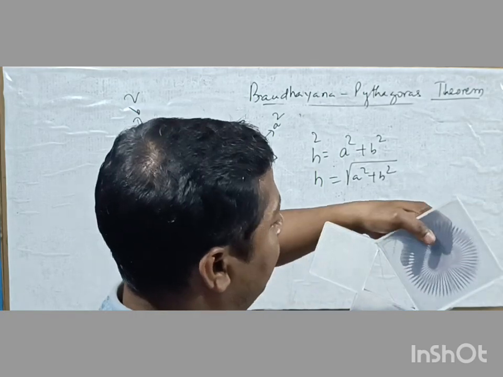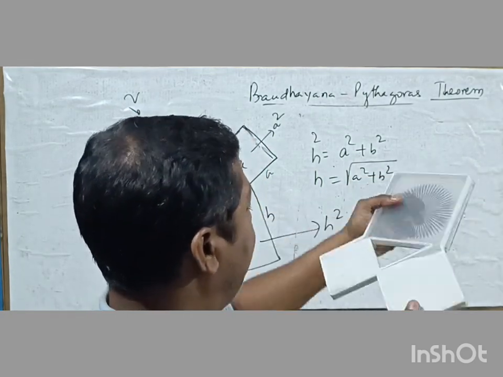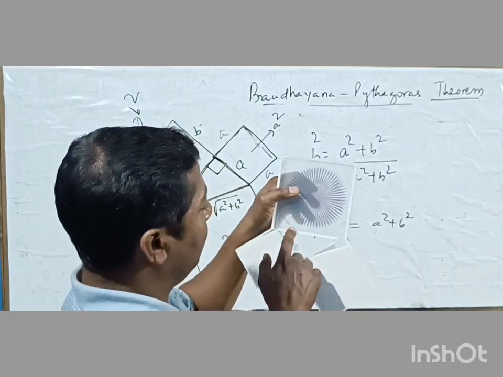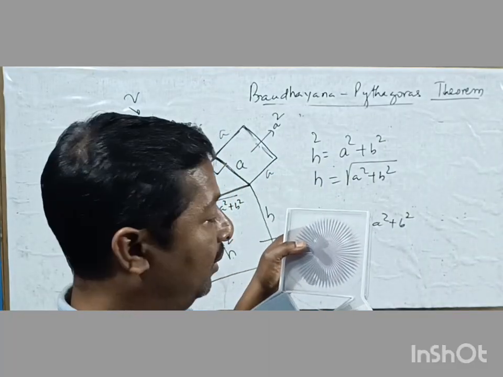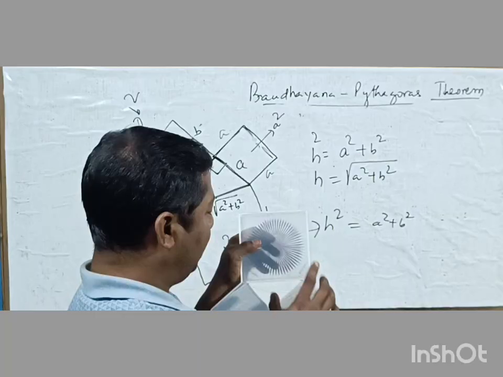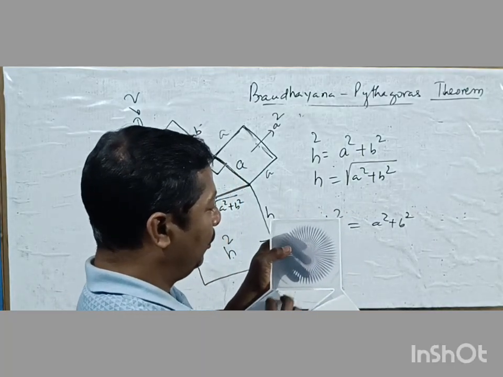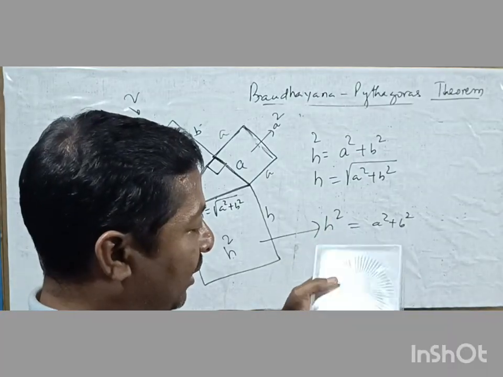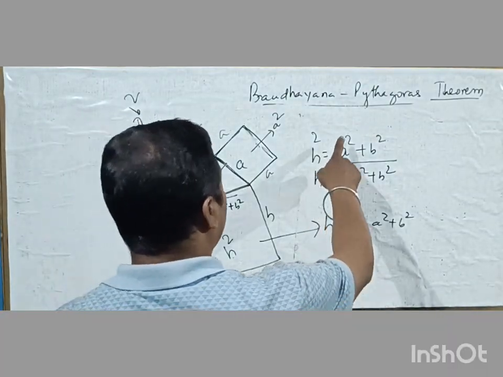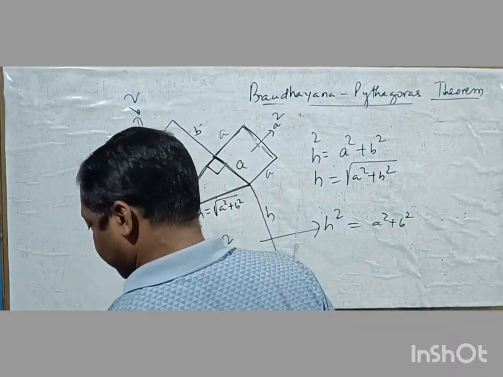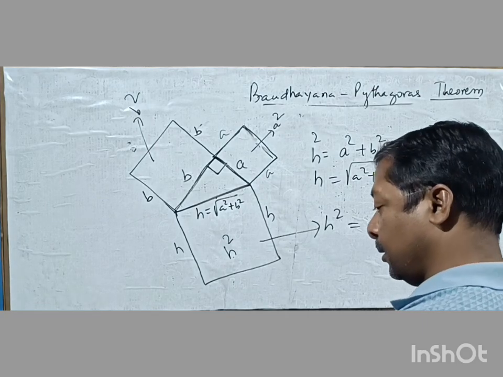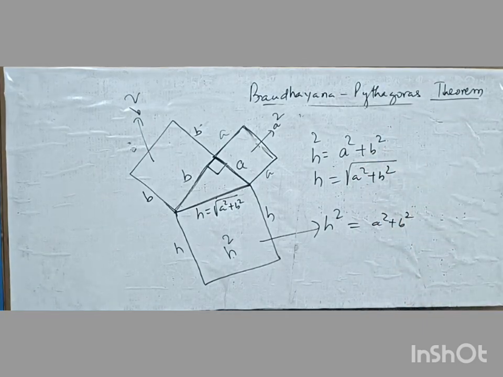Here also some amount of blank space is there to be filled, because some space was there. So approximately these two areas will be equal to the area of this one, and practically we have proven this formula, the Pythagoras theorem or Baudhayana theorem, by some TLM. This is a TLM to prove the Pythagoras theorem.